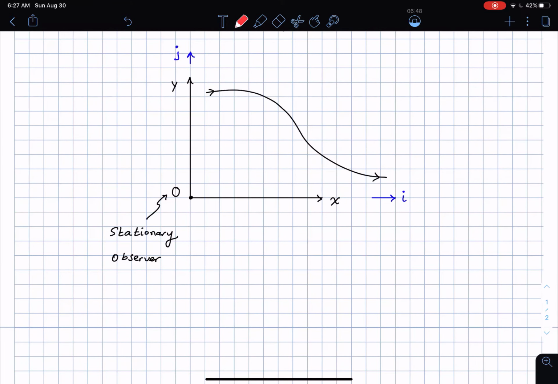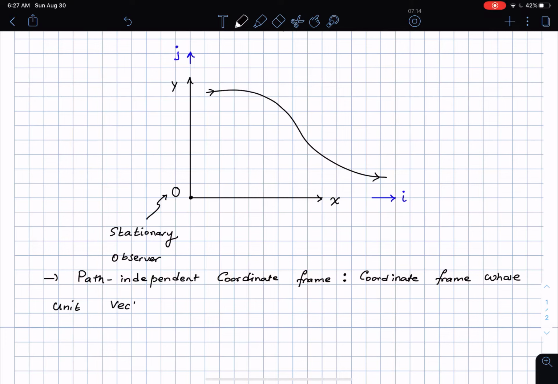So a path independent coordinate frame is a coordinate frame whose unit vectors do not depend or change along the path of the particle.